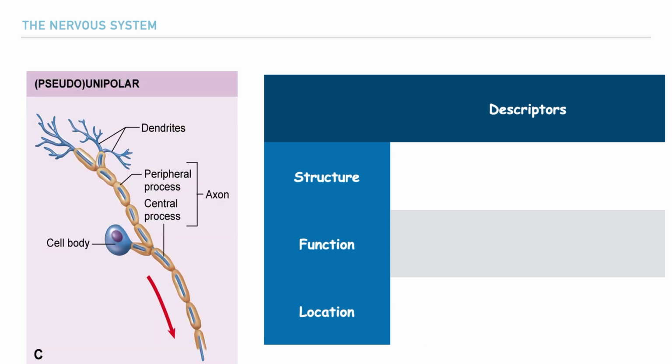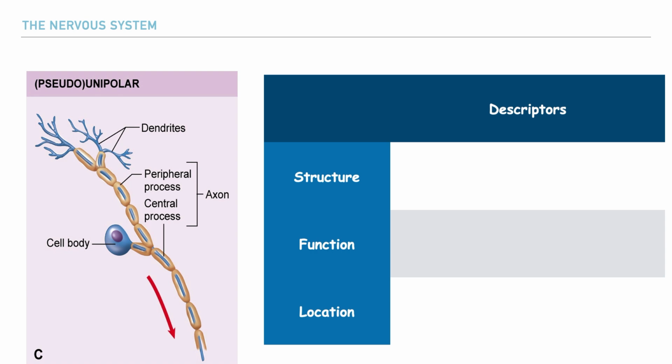Now let's take a look at our last neuron type, which is the pseudo or unipolar neuron. So again, on the screen towards the left-hand side, we have what appears to be some dendrites. It also looks like we have one long axon and a cell body. Now, before we identify the descriptors on the right-hand side of the screen, let's take a moment to talk about the terminology here.